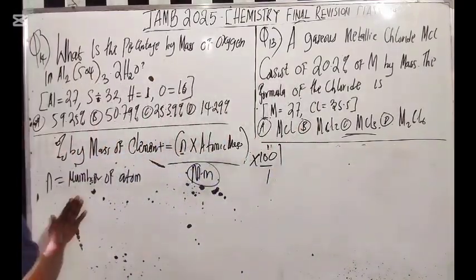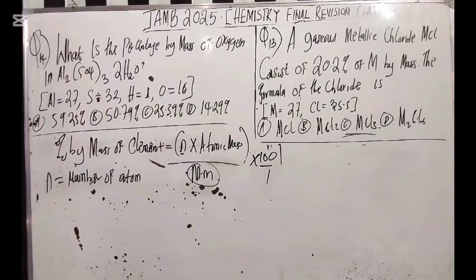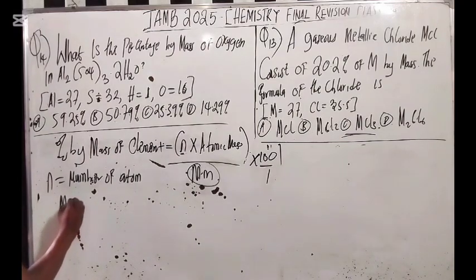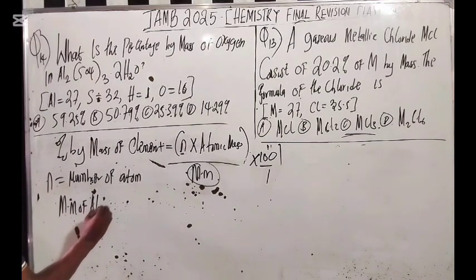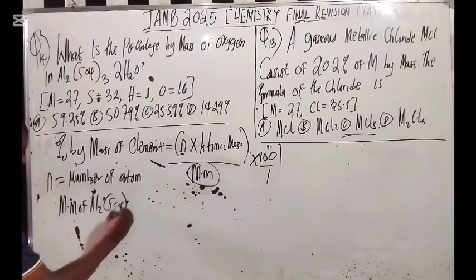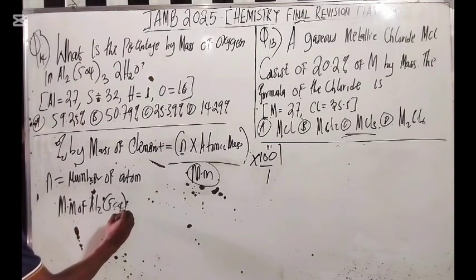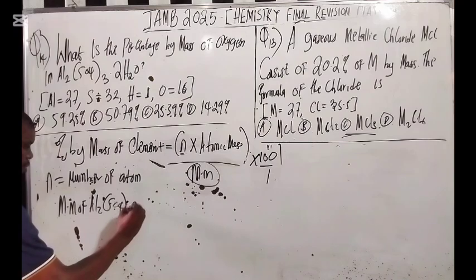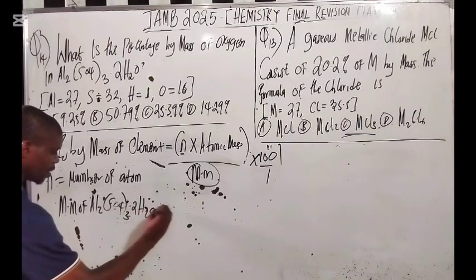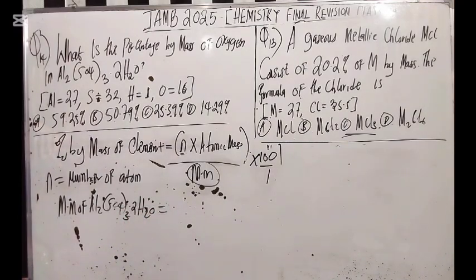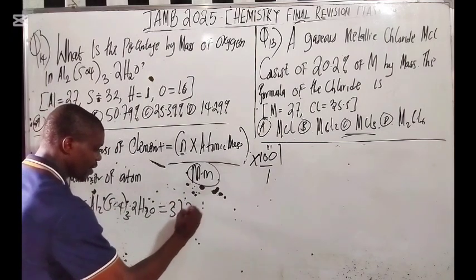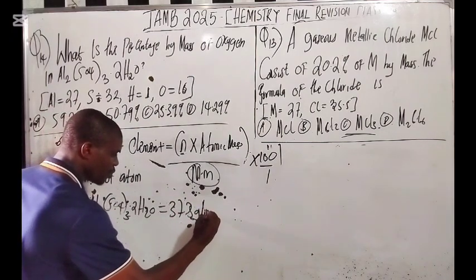So molar mass of Al2(SO4)3·2H2O is equal to what? Is equal to 378 grams per mole, right?